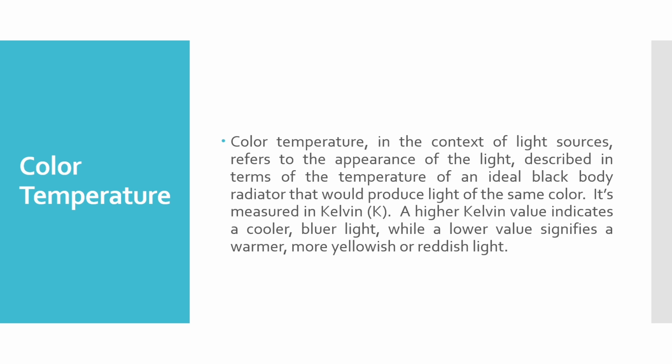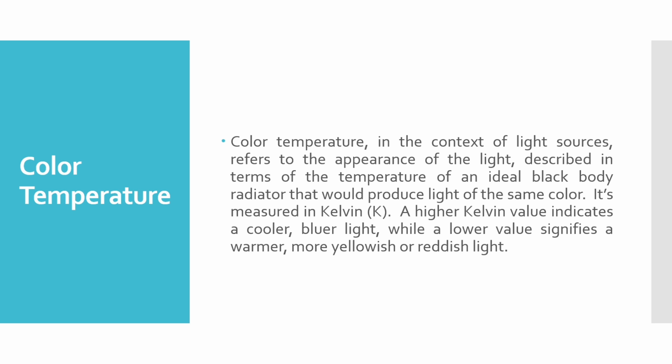Photographers use color temperature to create different moods and atmospheres in their images. Lighting designers use it to create different effects in theatrical productions. And television producers use it to ensure that their shows look natural and appealing to viewers. So, that's a brief overview of color temperature.